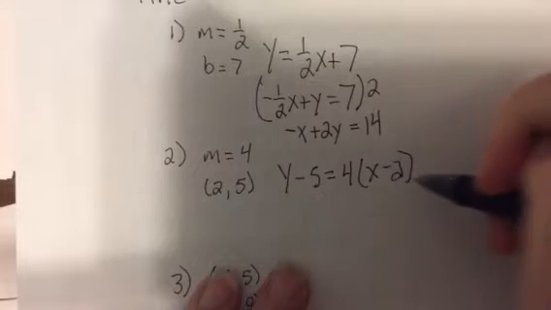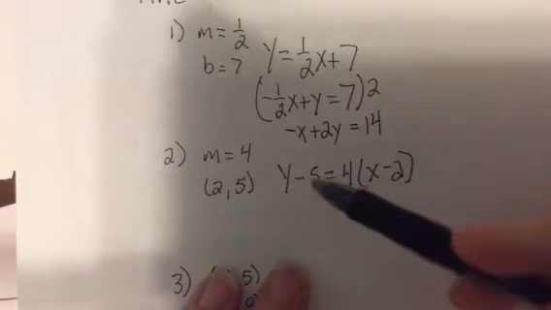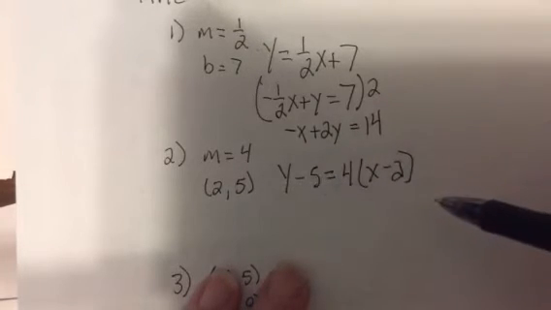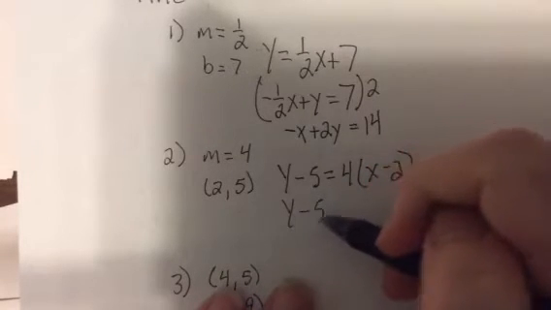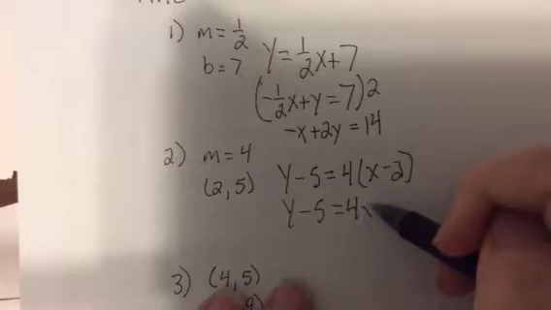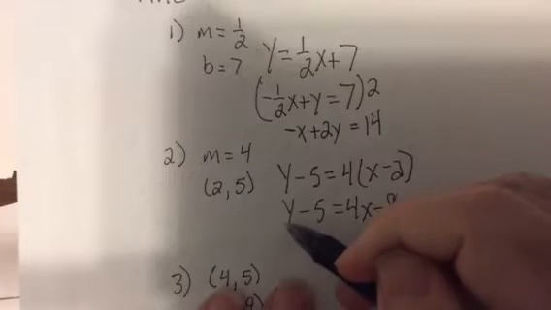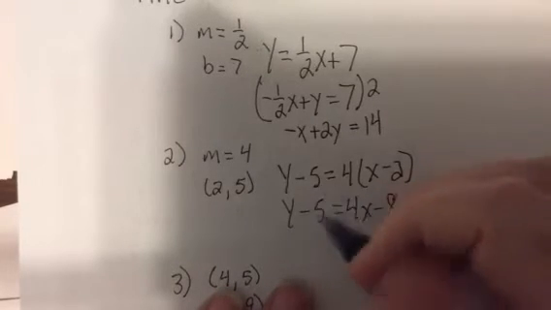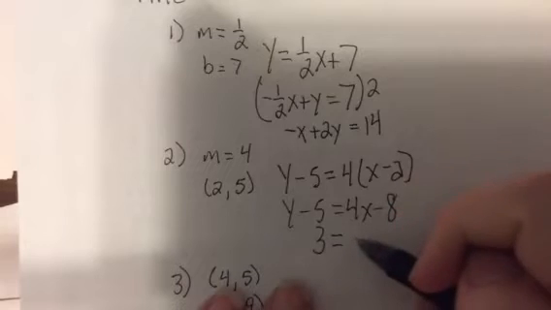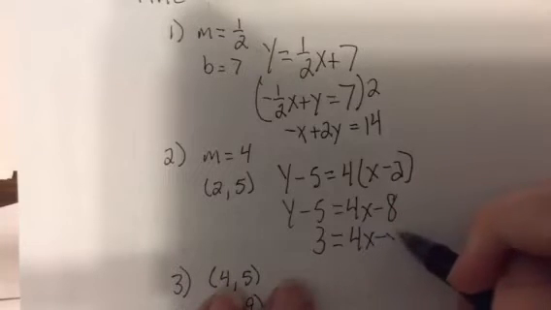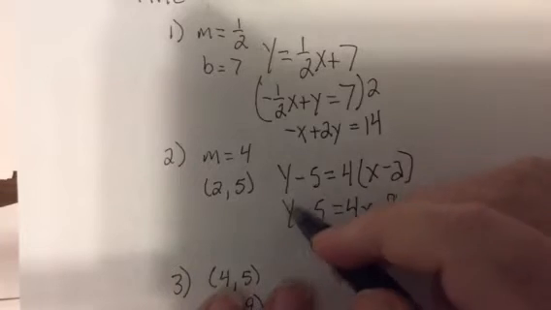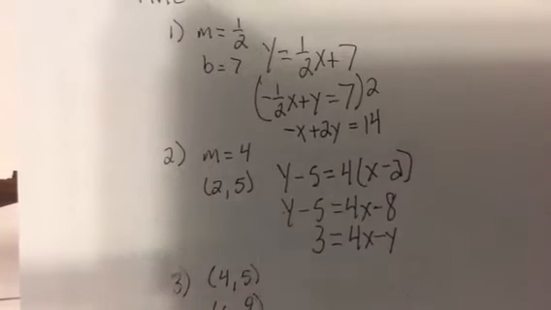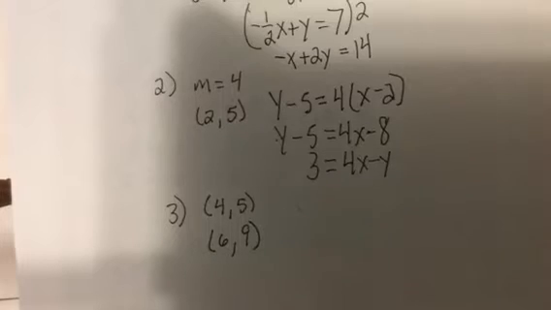Now if the problem said leave it in point-slope, I'd be done. For standard, I'm going to distribute the 4. I'm going to subtract y and add 8. So I'd have 4x minus y equals 3. I added 8 to both sides, and I subtracted the y to get it in standard form.